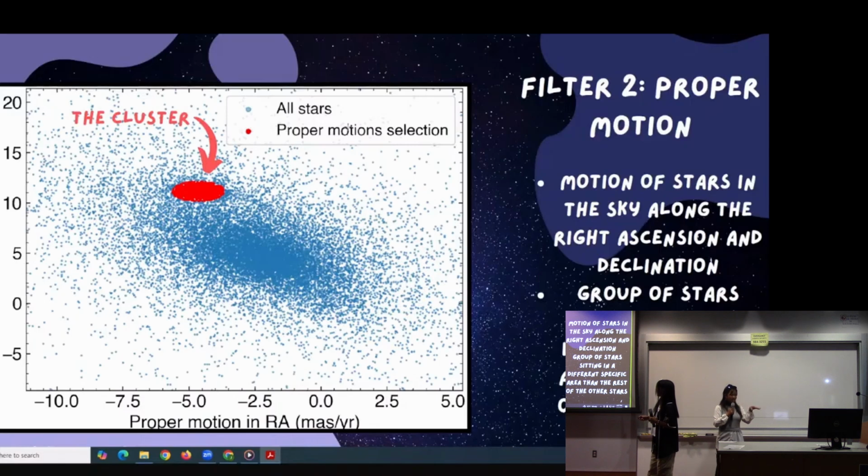All of the blue dots are basically the outer field of our cluster, and the red dots are our actual cluster that we found.